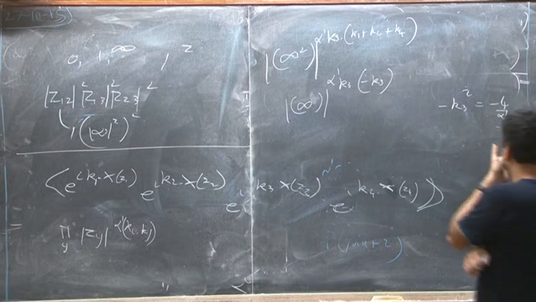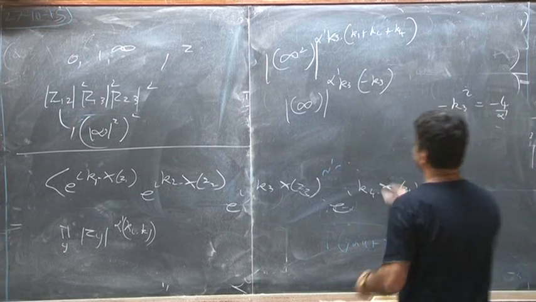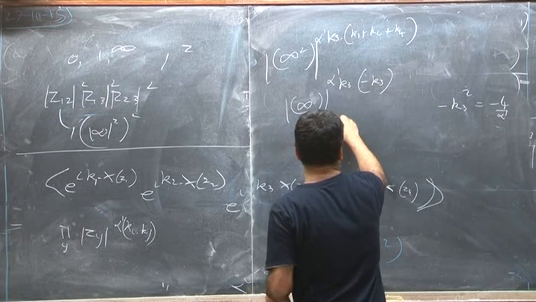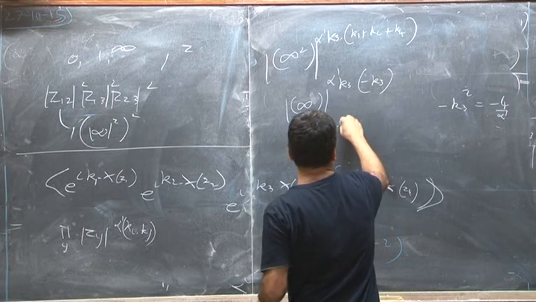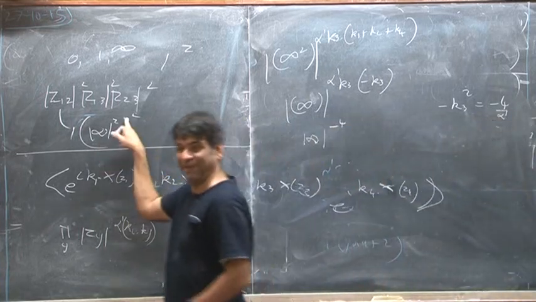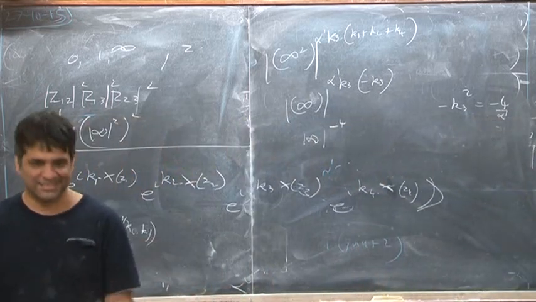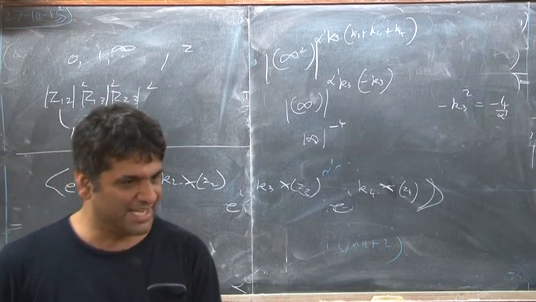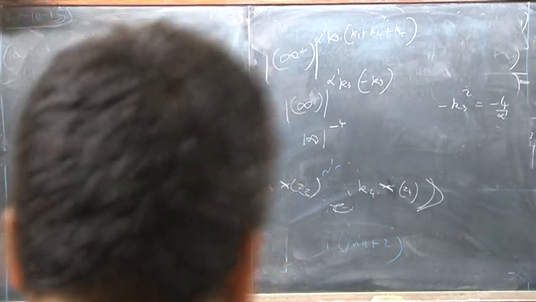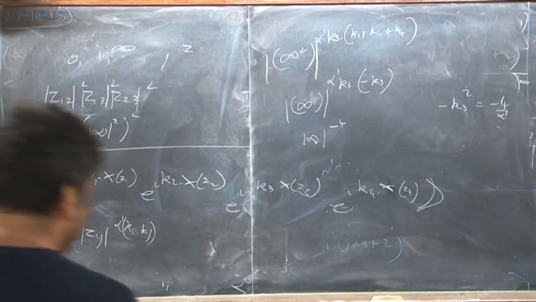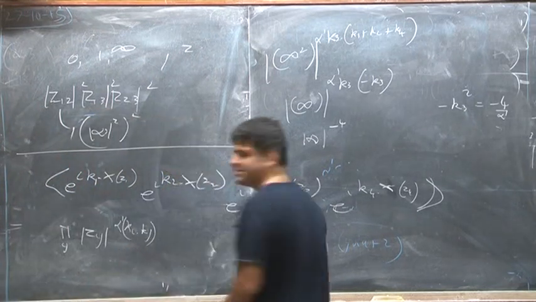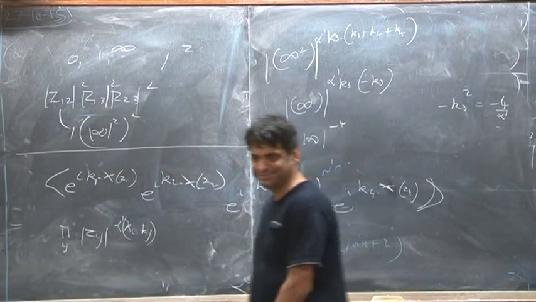Excellent. So this is |infinity| to the power minus 4, but here we have |infinity| to the power plus 4. So those cancel. Okay? So the fact that we take Z3 to infinity simplifies the formula but doesn't make it nonsensical. So now we can just throw away every Z3 dependence from here and proceed.